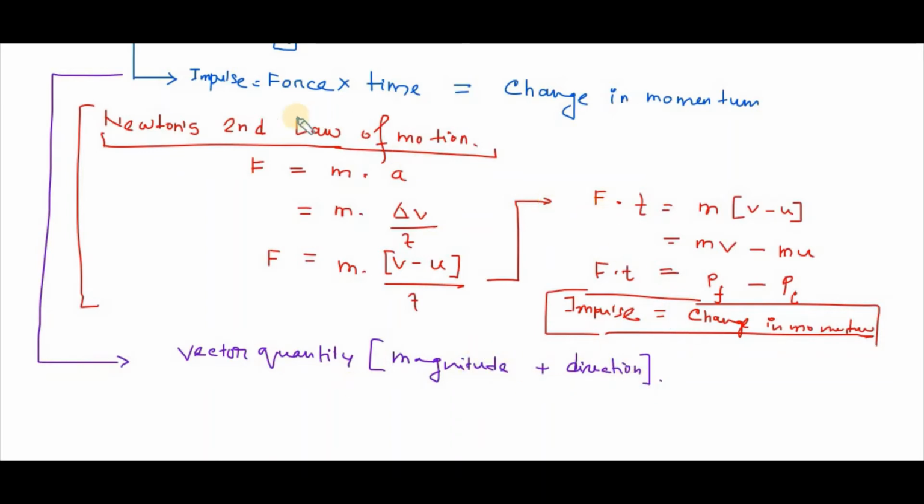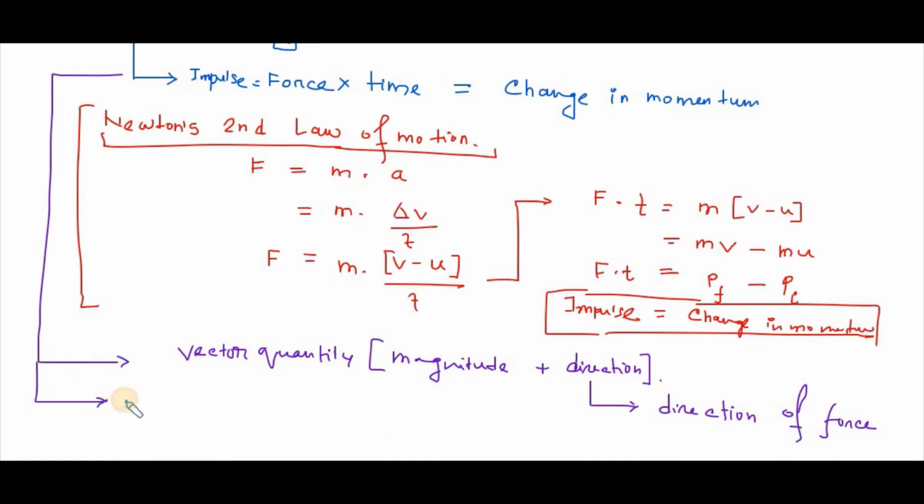We have defined the magnitude here, which is force into time. But what would be the direction? The direction of the impulse is the same as the direction of the applied force.